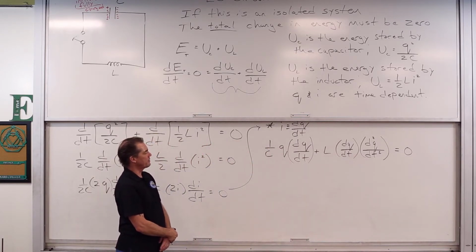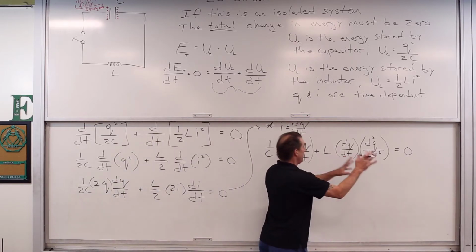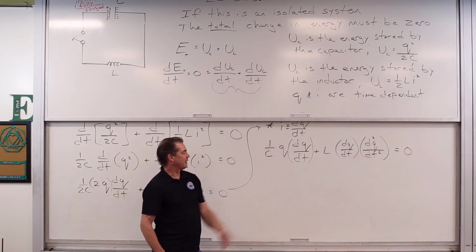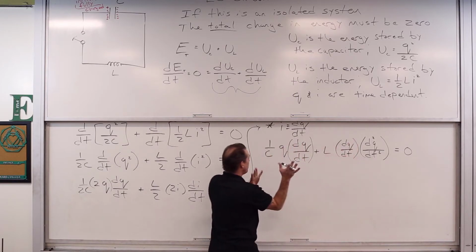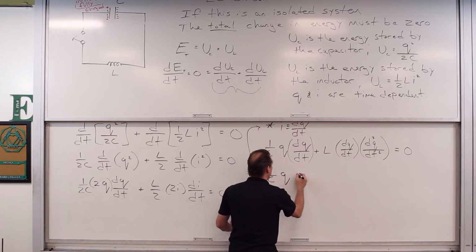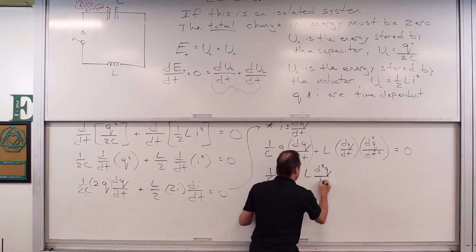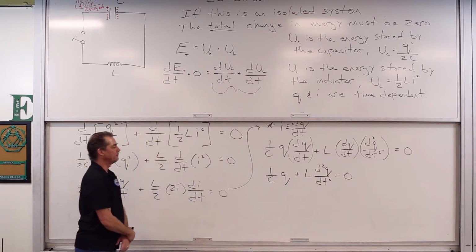So what can we do with this? Well, we notice that there is a common factor of dq/dt right here. We can factor that out and divide 0 by it, and that just goes away. So this factor can vanish, and we are left with 1 over C times q plus L d squared q/dt squared is equal to 0.